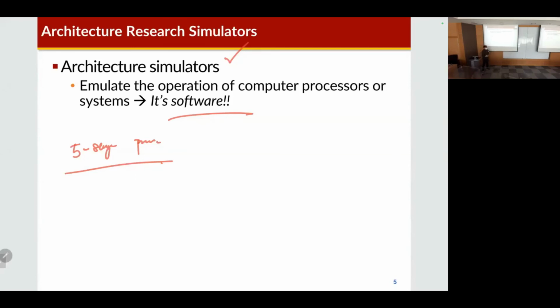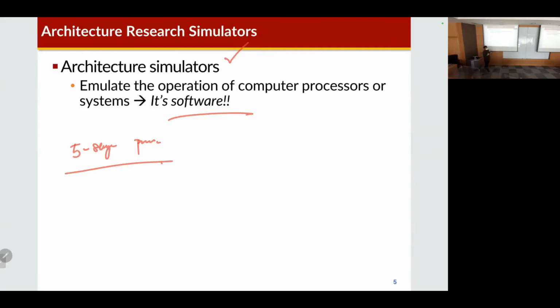But we can also make software that emulates the behavior of the 5-stage pipeline architecture. Verilog is also a kind of programming language that describes the behavior of pipelines, like an actual digital computer system, right?